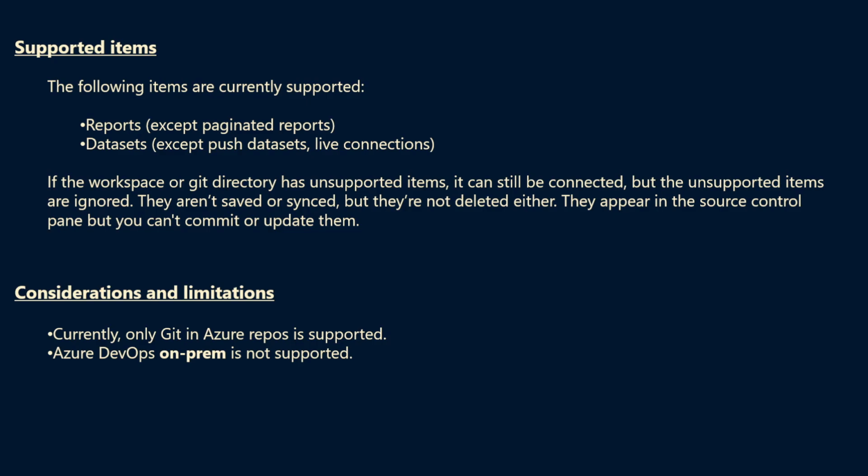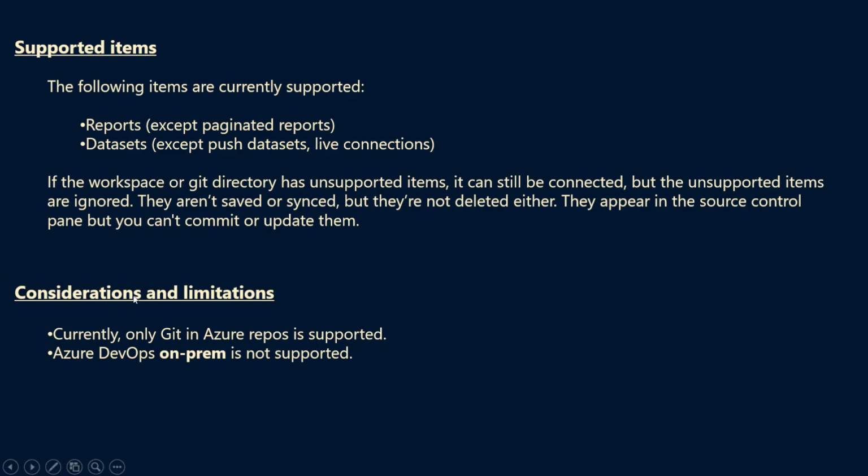In real time you might have a couple of paginated reports or live connection datasets. Those will not be backed up in the Git repo for the time being, but they will still be part of the workspace, and they will not be deleted at all. They just won't be synced to the Git repo. So that's how it is for the time being.